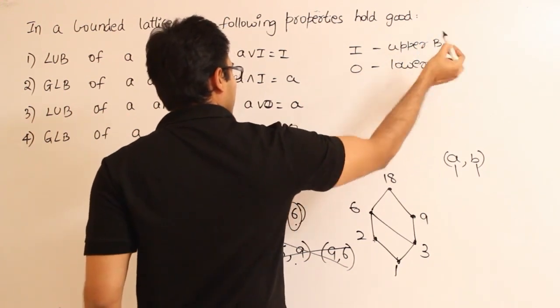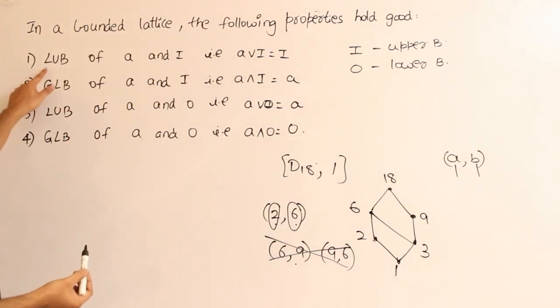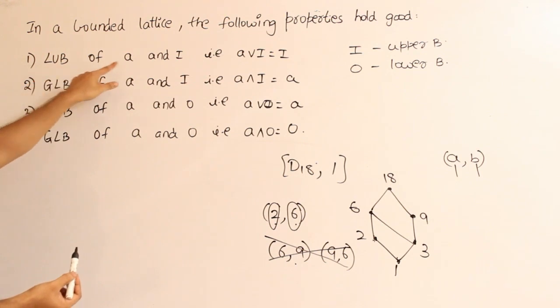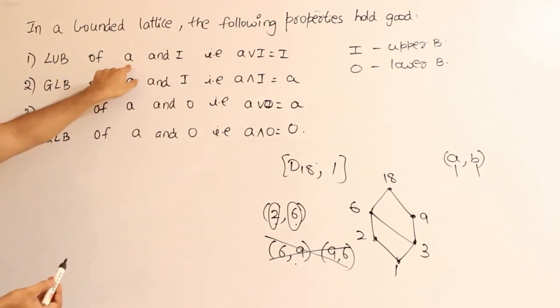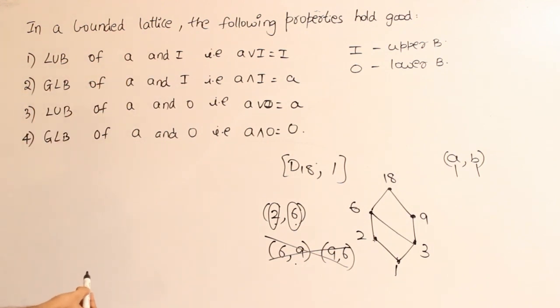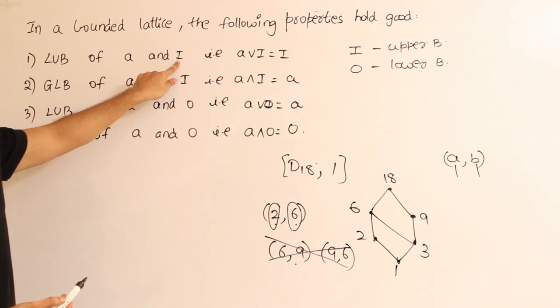Now see this, least upper bound of A and I. A is some element present in the lattice and I is the upper bound. So when can we say that an element is the upper bound? An element will be the upper bound only when every other element is related to it.